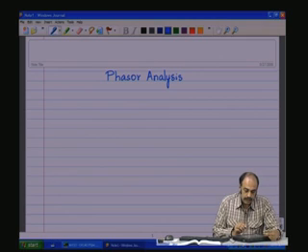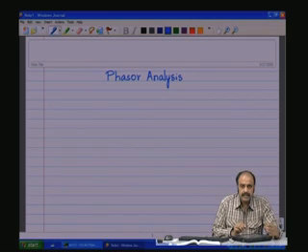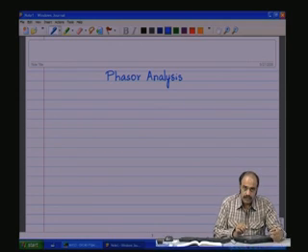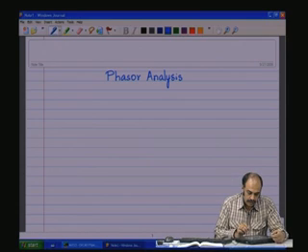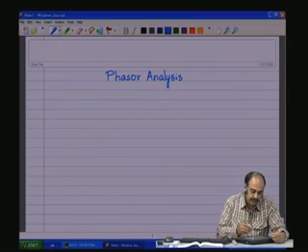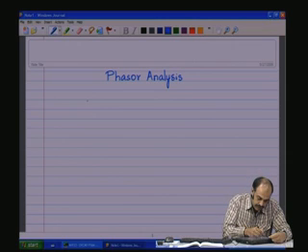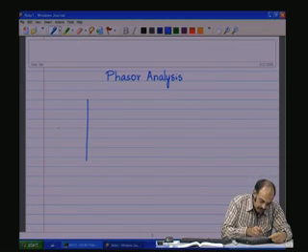So, in the phasor analysis, a sine wave is represented as a space phasor or a space vector. We saw earlier that a sine wave can be represented in space by a vector.